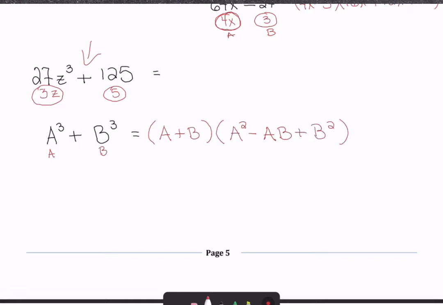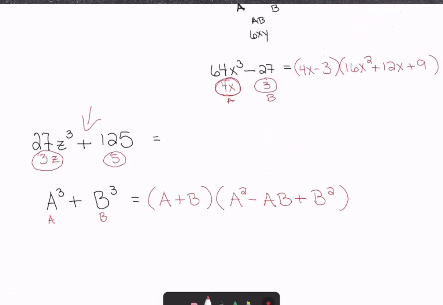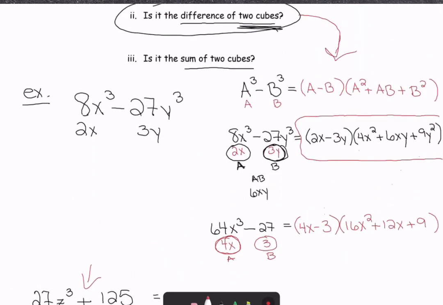Now notice the difference here. With the sum of cubes, notice how this is set up. You do addition first and then you do subtraction and adding. If you go up here to the difference of cubes, you do subtraction and then the last two are adding and adding.